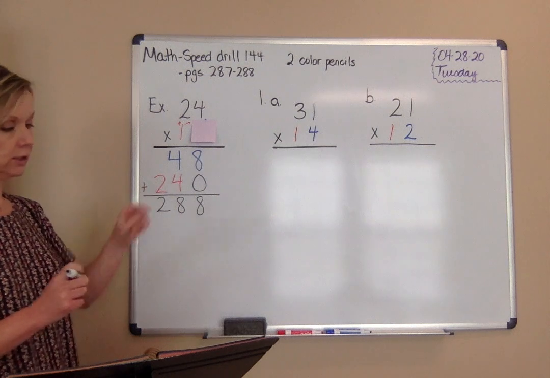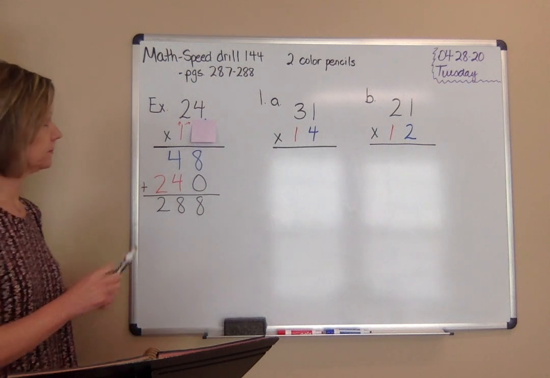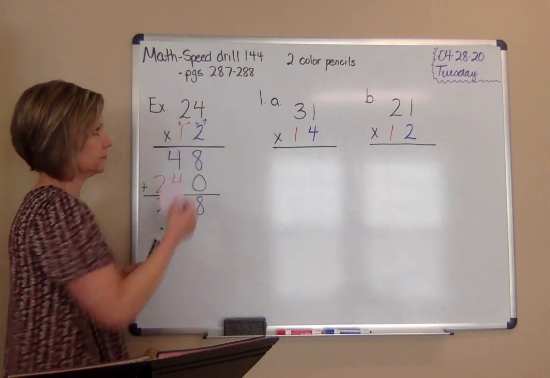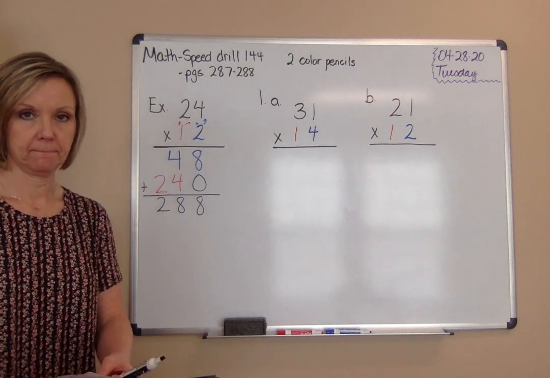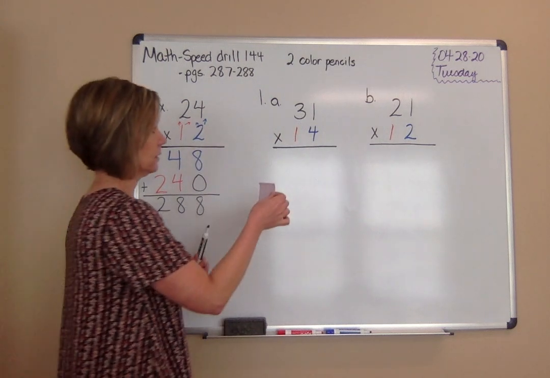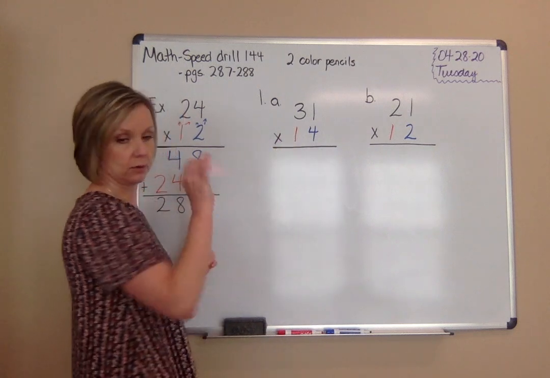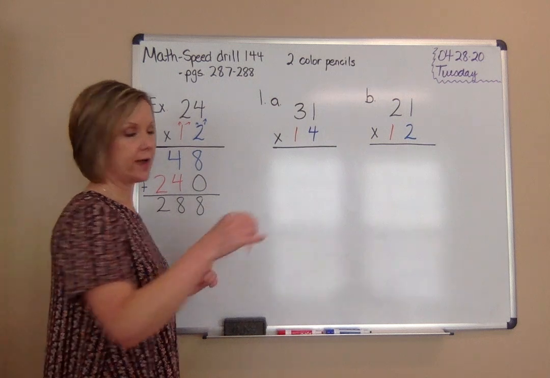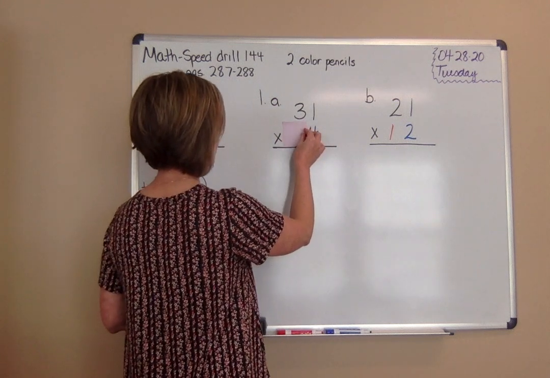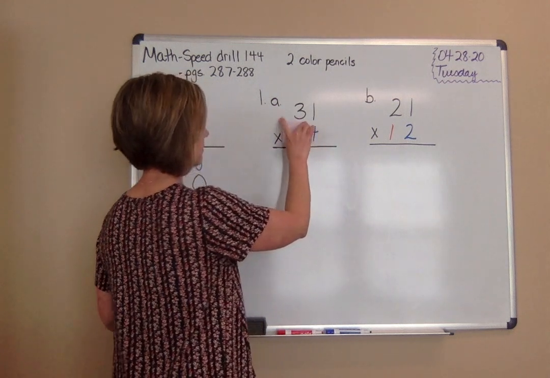All right, so let's look at 1A. The directions say multiply the top factor by the 1, just like we've done in the past. Very simple.